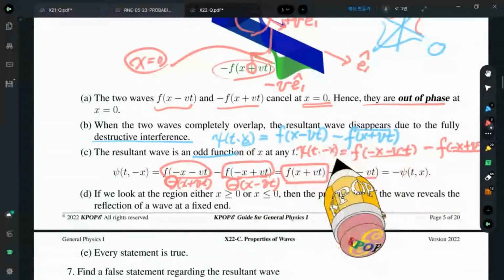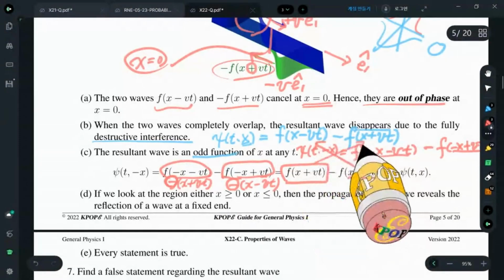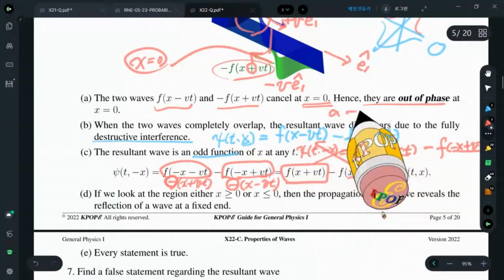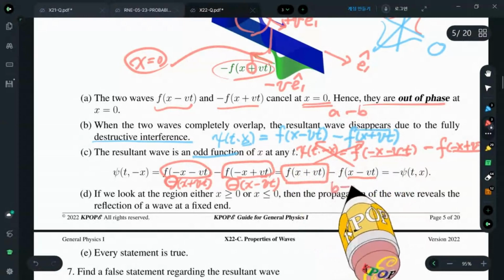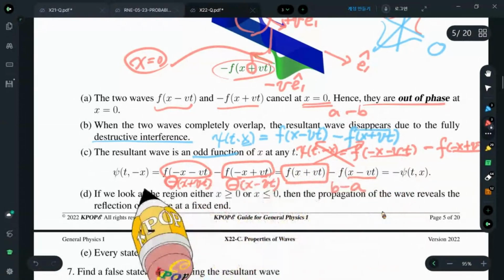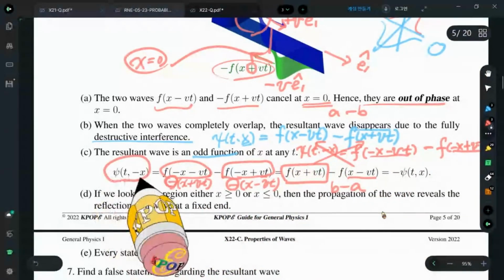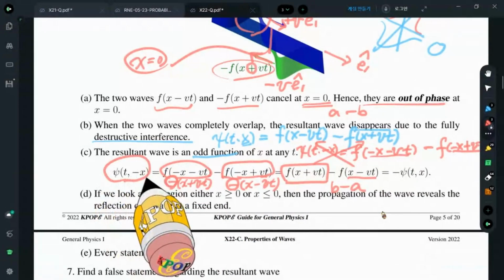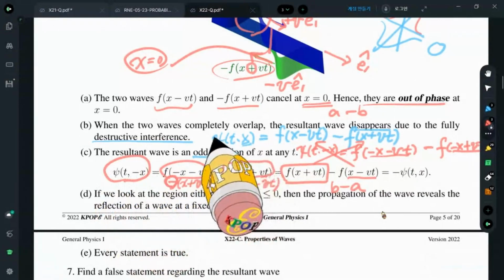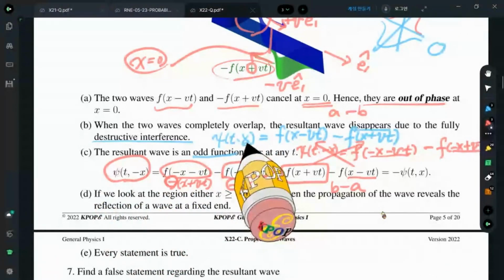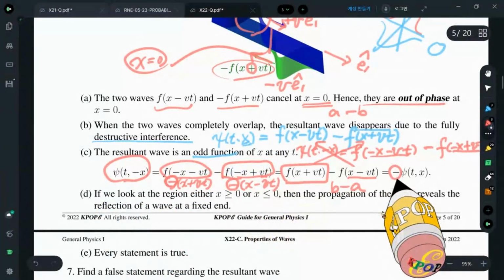However, this is this and this is this. They are the A minus B style and the B minus A style. So this wave function at minus x is identical to that at x, except that we have a negative sign on it.